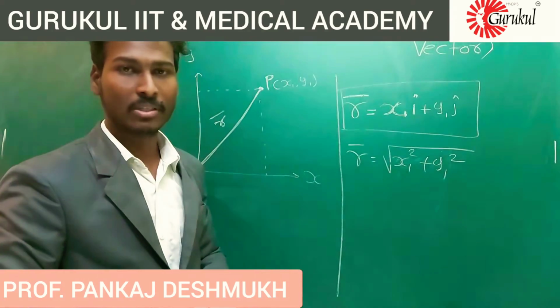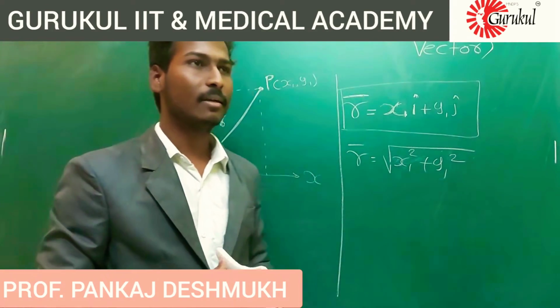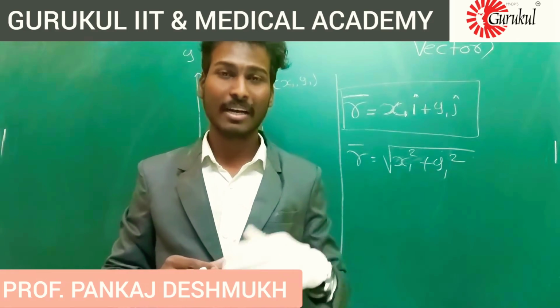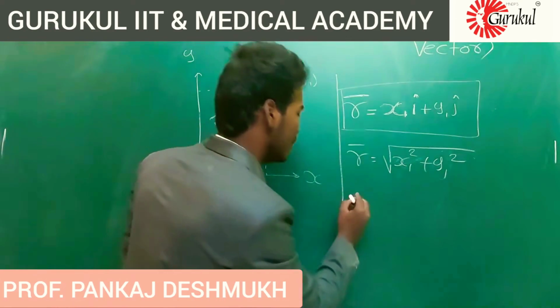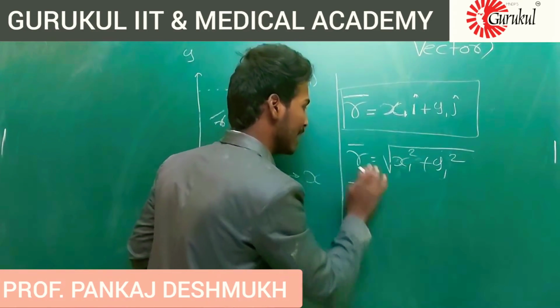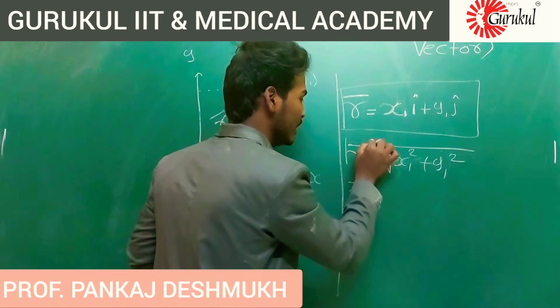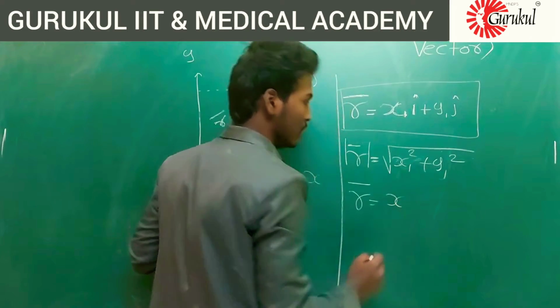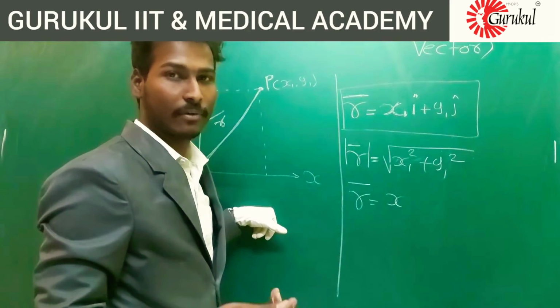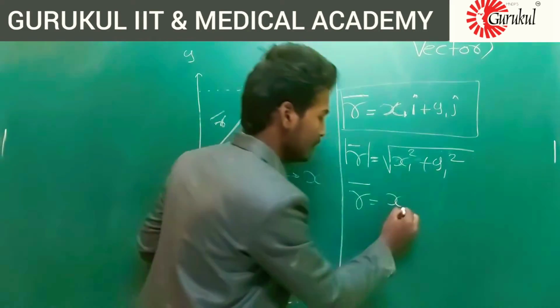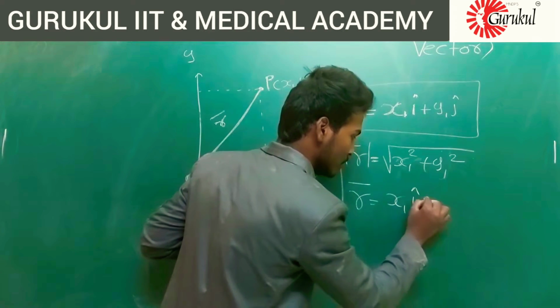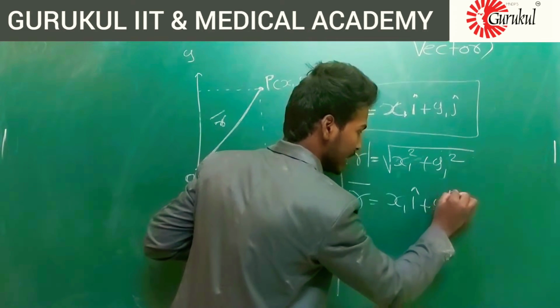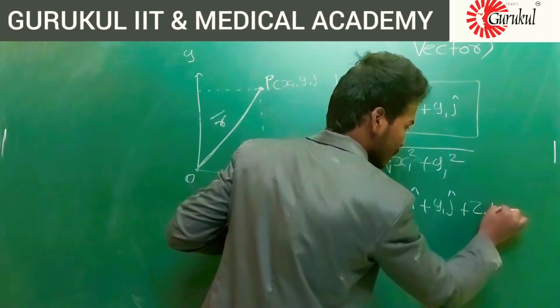This is for two dimensions. If any object is moving in free space, or three-dimensional space, then we represent the position vector r bar, and for its magnitude we use mod. Let's say on the z-axis it also covers a distance of z1, so r bar is equal to x1 i cap plus y1 j cap plus z1 k cap.